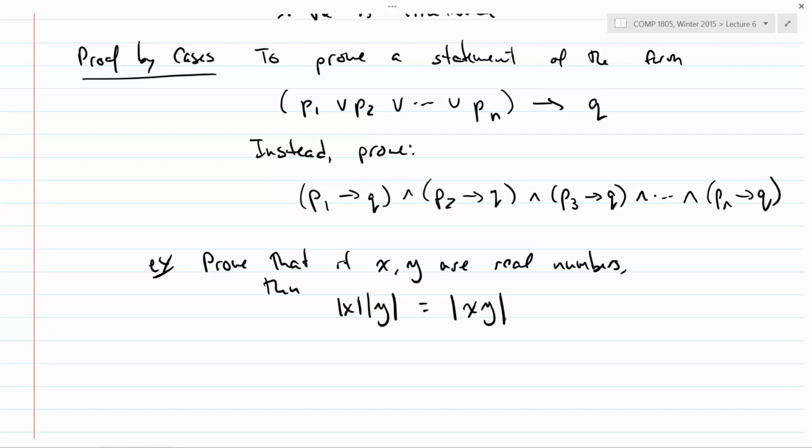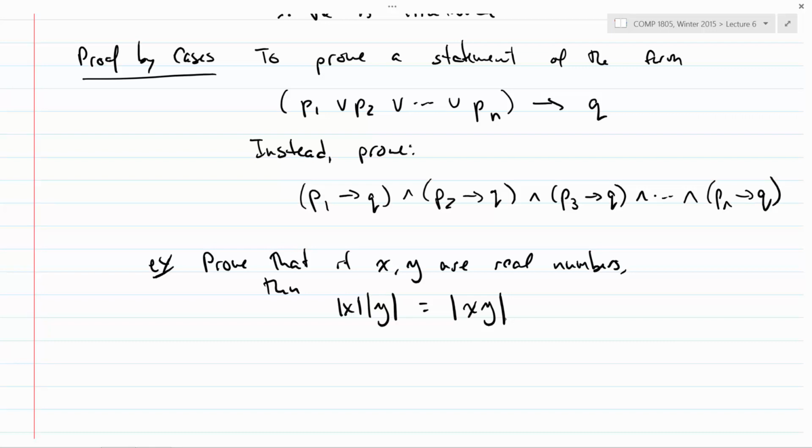Okay, so what's the trick to this one? What makes this kind of hard? If there weren't absolute value bars, this would be very easy. The thing that makes it hard is the absolute value bars. What do absolute value bars make you think of? I guess there's no wrong answer, but negative numbers is what I was looking for.